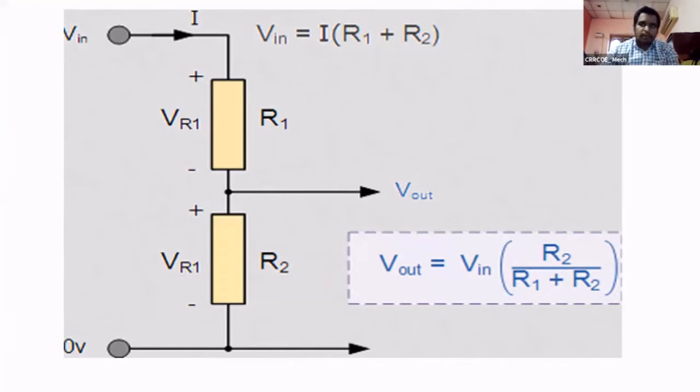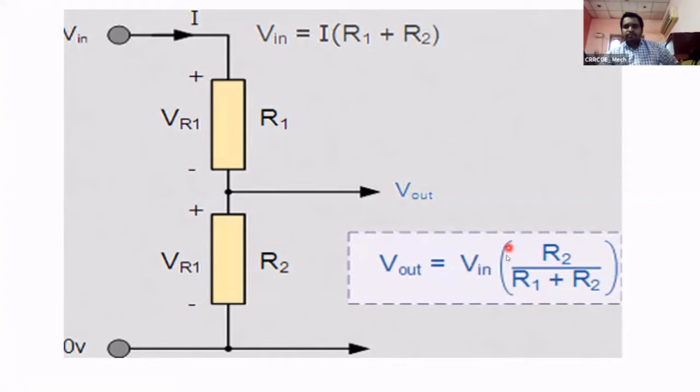See this diagram. Here a circuit is connected. Here V in is the input voltage, V out is the output voltage, that is between the two resistances R1 and R2. Now according to the voltage division rule, V out, the voltage between the two resistances, is equal to R2 by the sum of the two resistances, into V in.